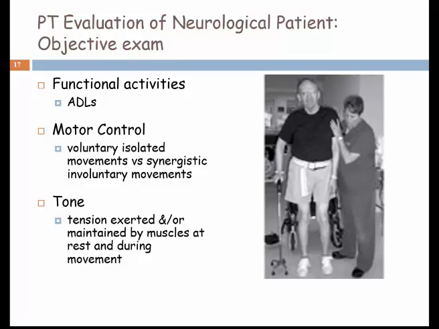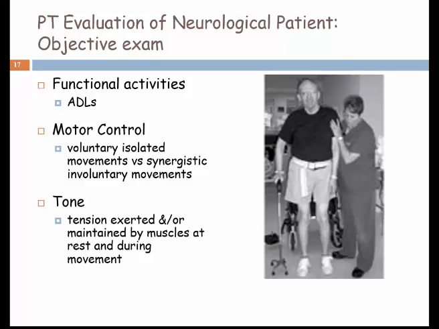Now let's look at the objective physical therapy evaluation of the neurological patient. Objective examination for the neurological patient includes many of the same techniques already covered in our discussion of the orthopedic patient. For example, functional activities, or ADLs, are examined. This includes bed mobility, transfers, and ambulation.